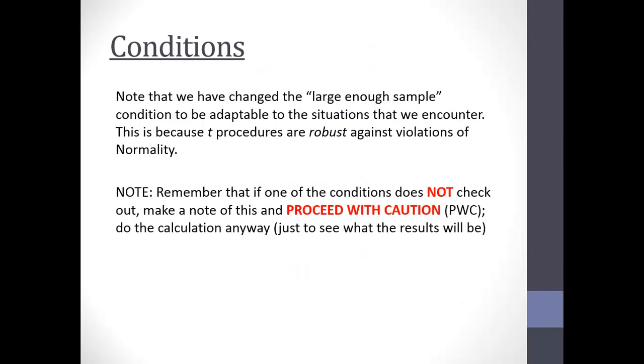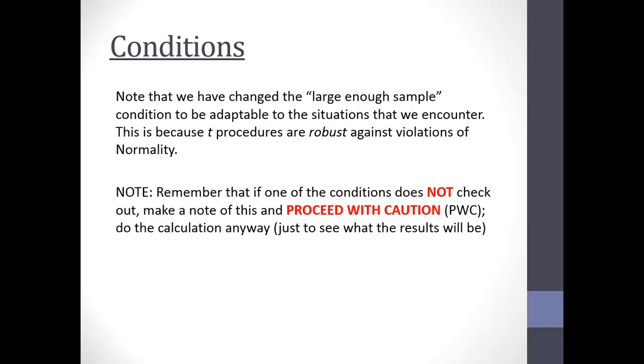And again, just note that this third condition is a little different. Remember that if one of those conditions does not check out, so if your sample is not random, if you're not told that it's random or you can't assume that it is, or if your sample is not large enough, then the procedure we'll use in this class is to proceed with caution. Remember, we're using these conditions to check to see if these procedures are appropriate to use.